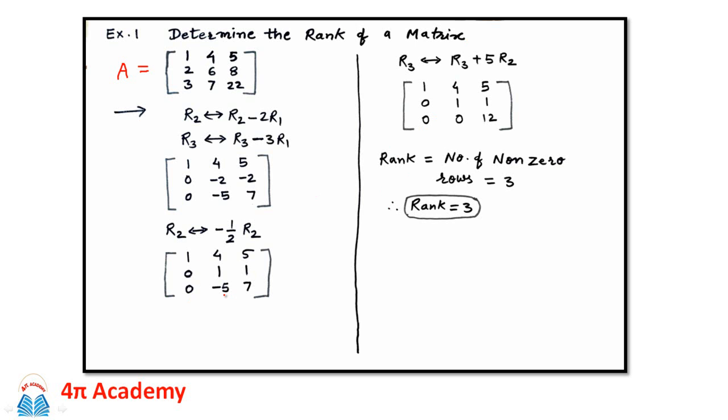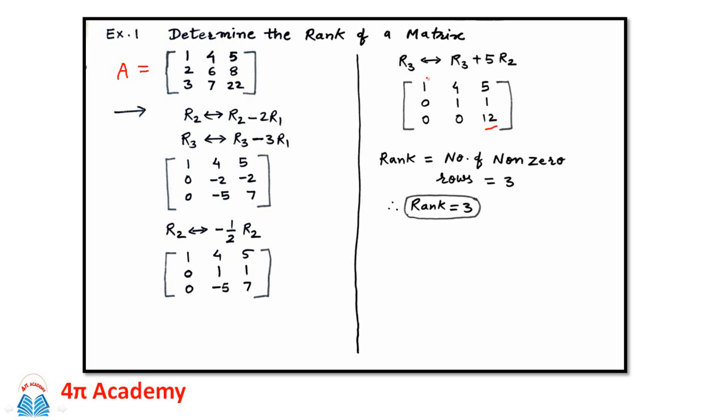Then minus 5 plus 5, so that is 0. And here we get 7 minus 7 plus 5, so 7 plus 5, that is 12. So now we have finished with the row operations, and we get the upper triangular matrix.